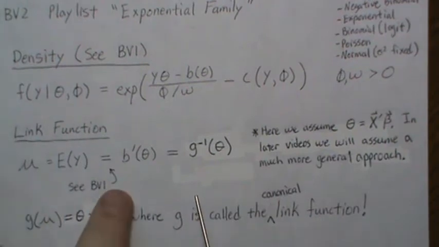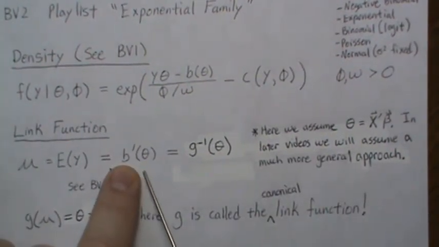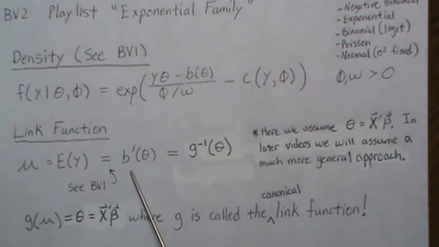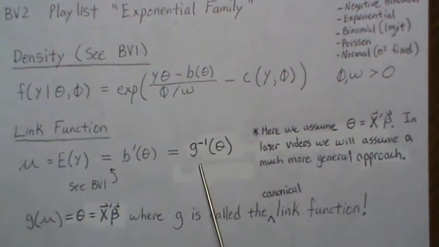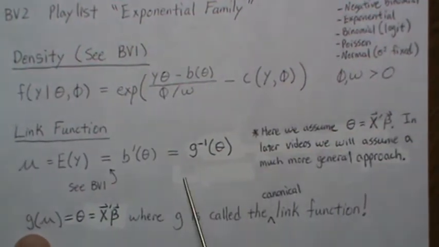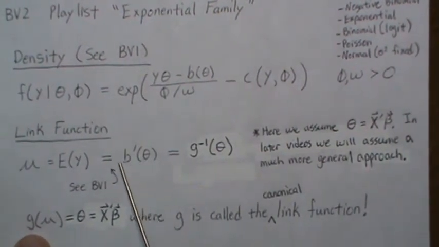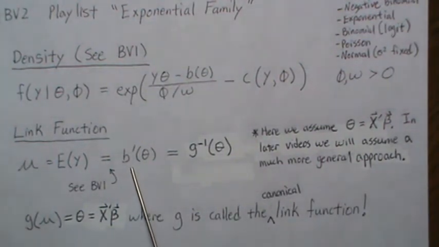But one question is, how do we know that B prime has an inverse? We don't know that, at least yet. We called it g inverse, which sort of implies that we can take the inverse of it and solve for theta. So the next theorem deals with showing that B prime is strictly increasing.